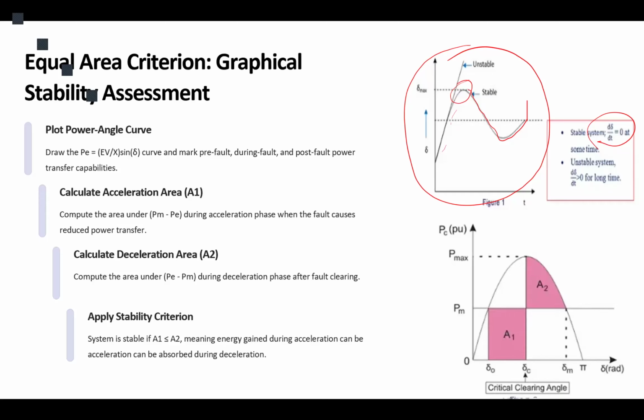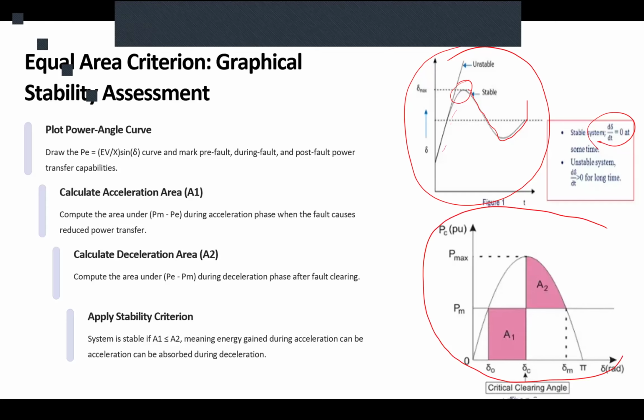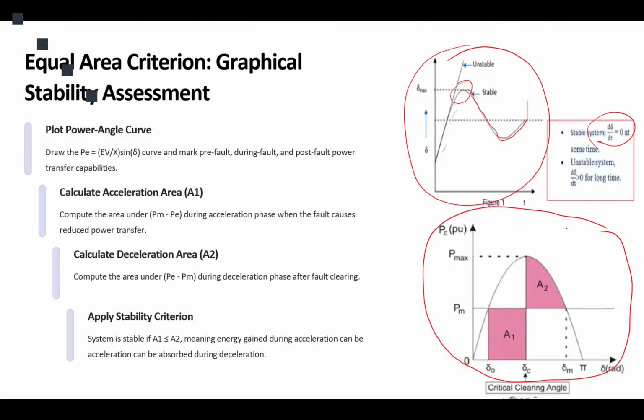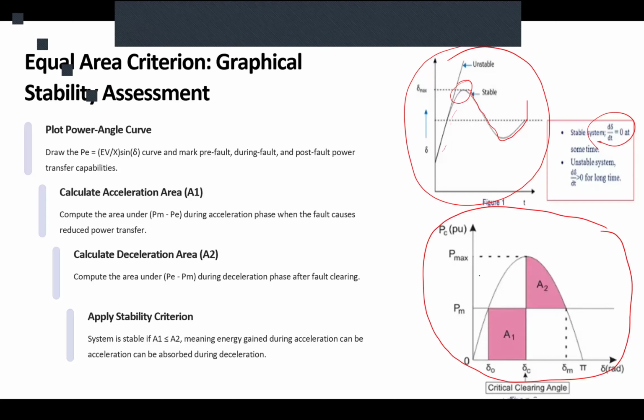Now, what would be the translation of that into the curve that we are more familiar with and is based on our own parameters? If we want the delta to swing, meaning it has acceleration and deceleration, the condition in this graph is that the area of A1 should be less than or equal to area of A2.